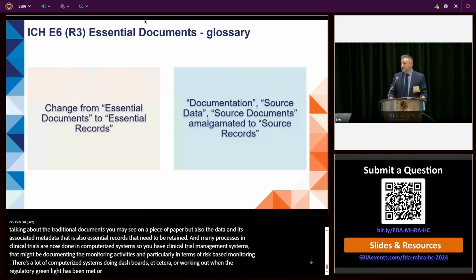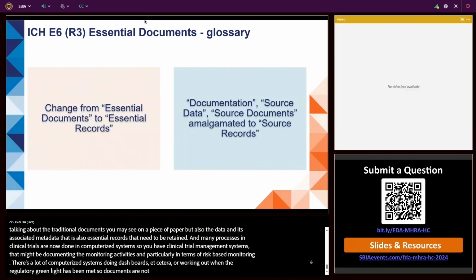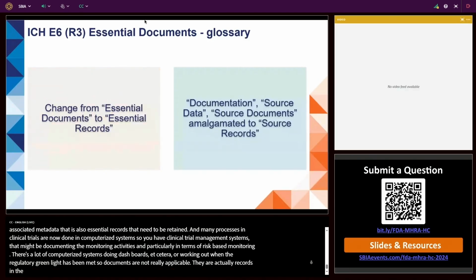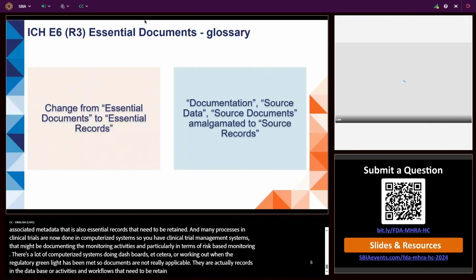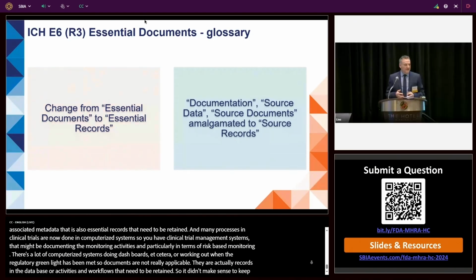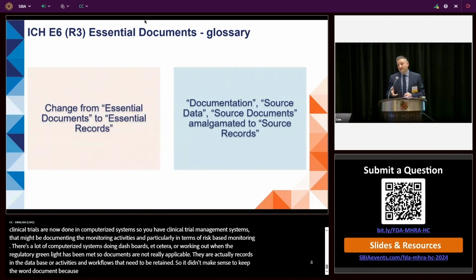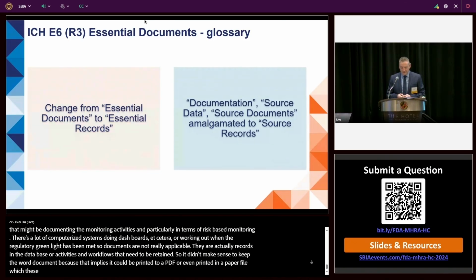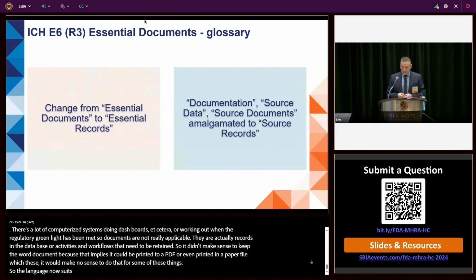They're actually records in a database or activities in workflows that need to be retained. So it didn't make sense to keep the word document, because that implies it can be printed to a PDF or even to paper and filed in a paper file, which would make no sense for some of these things. So the language now suits the modern clinical trial with its increased technology.